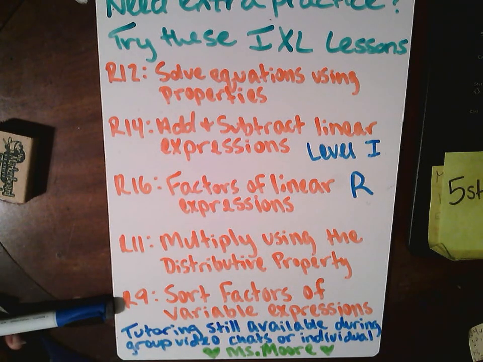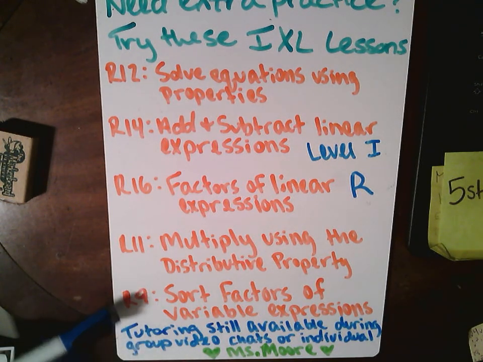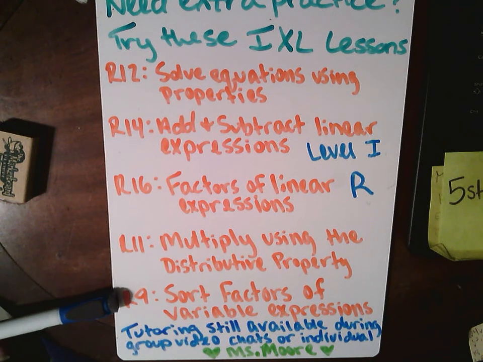And R9 is sorting factors of variable expressions. That's more of what we're doing this week. For the two factoring lessons, it might seem a little different than what we're actually doing and how I'm setting it up. But if you get confused, you can come ask me. If you get a question wrong, it'll walk you through how to do it.